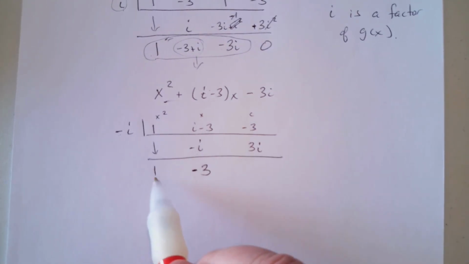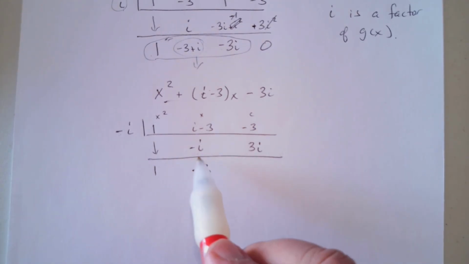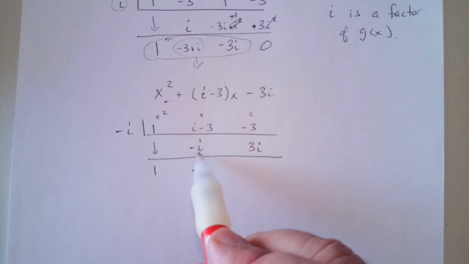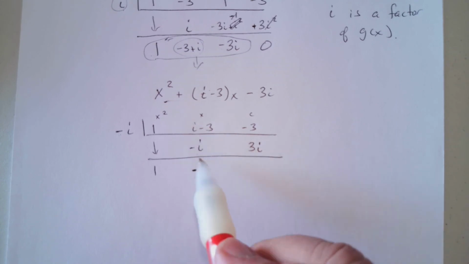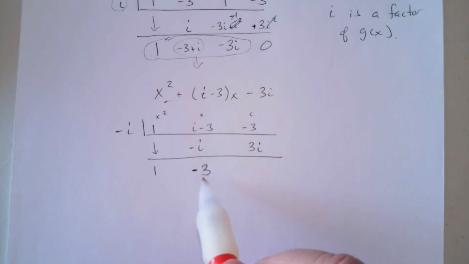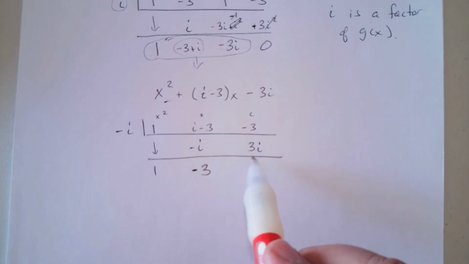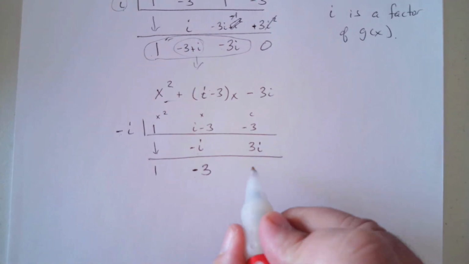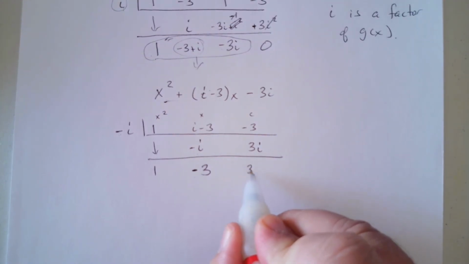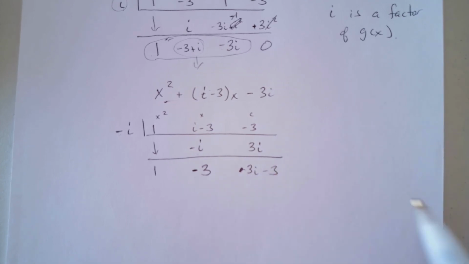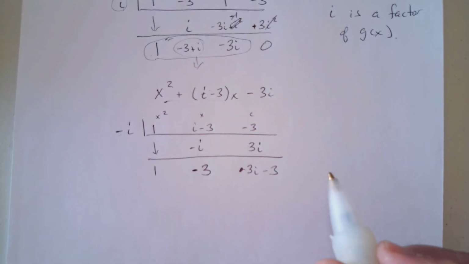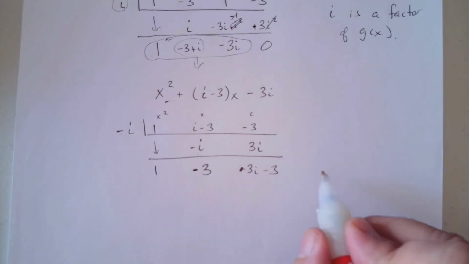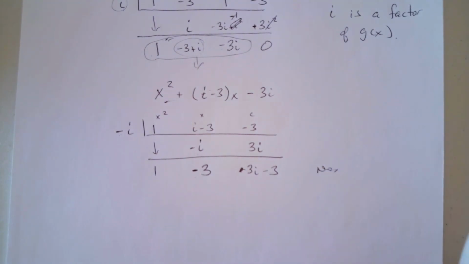The i's cancel, so we have negative 3 plus 3i, minus 3. So, no.